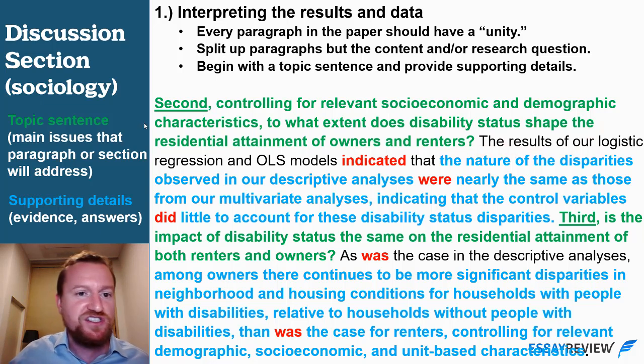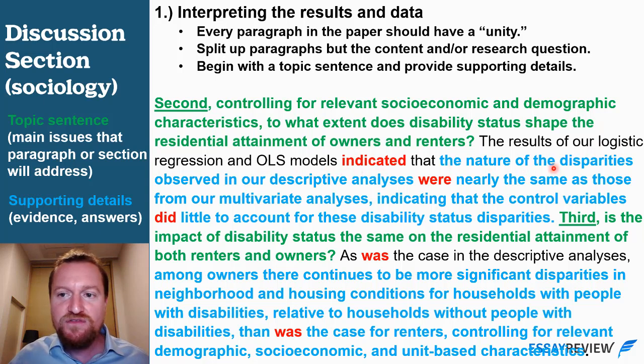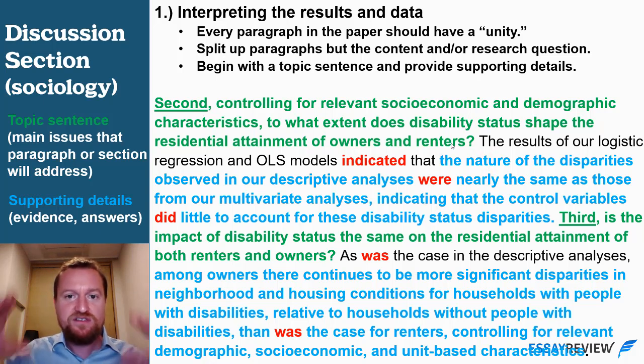The results of our logistic regression and OLS models indicated that the nature of the disparities observed in our descriptive analyses were nearly the same as those. So in this case, it's actually a main finding. So you're starting with the topic sentence, here is the research question, and then the main finding becomes the second layer.